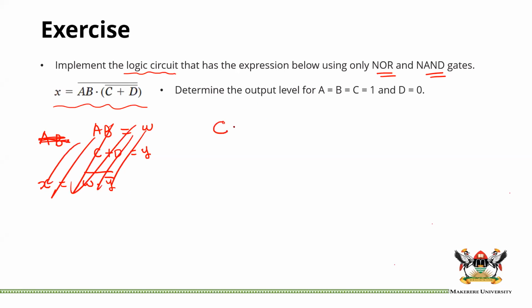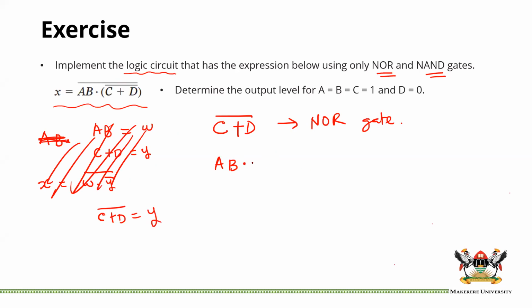So C or D is what? This is a NOR gate, and AB and whatever that term is, can I say C or D is equal to Y?